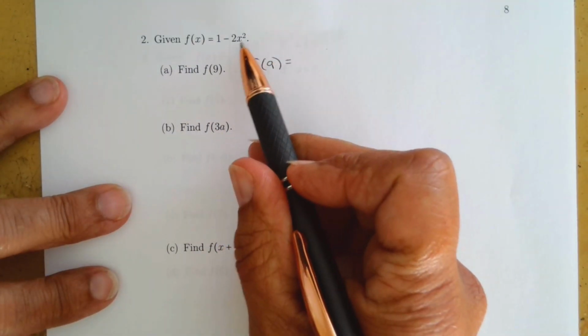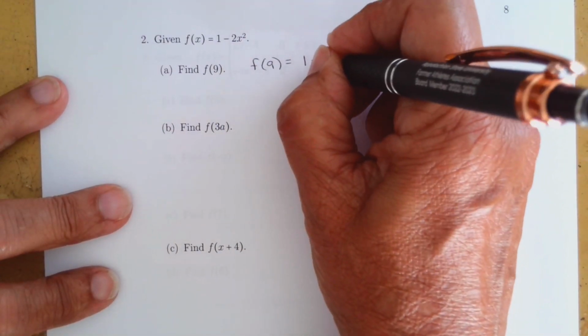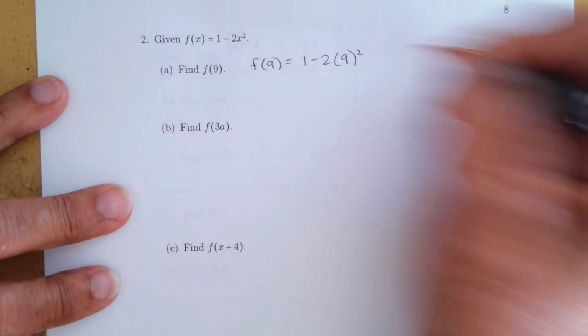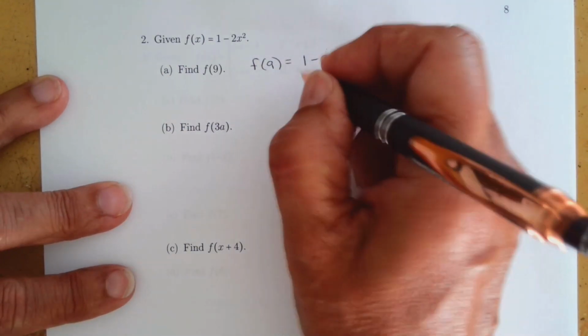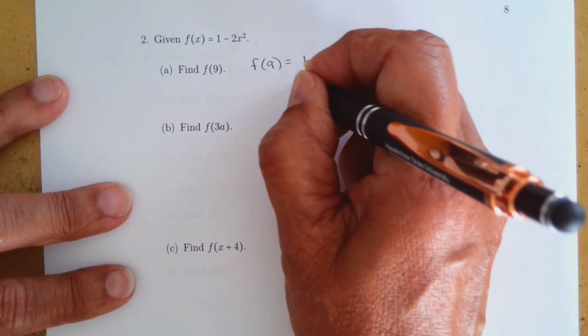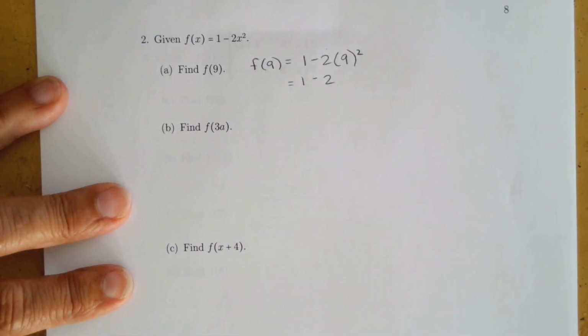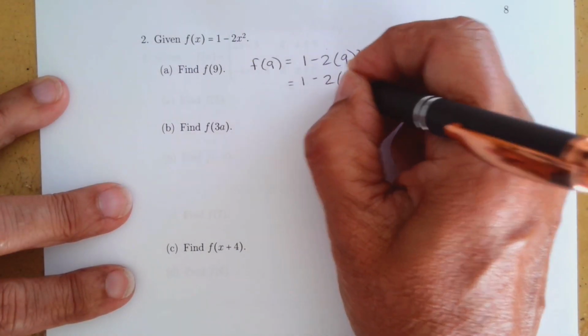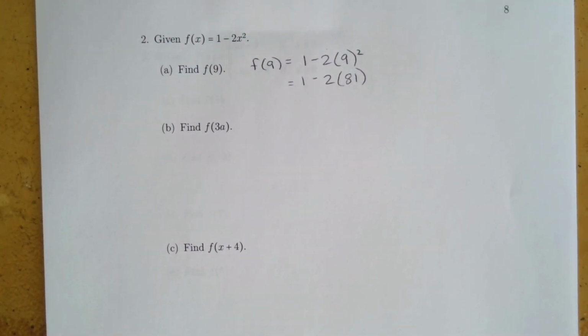All right, so f of 9, start off kind of basic. So wherever there's an x, you're going to replace the x's with the number 9. So 1 minus 2 times 9 squared. Okay. Remember, do your powers first. So leave the 1 and the minus 2, and then go ahead and do 9 squared, which is 81. 9 times 9 is 81. Okay. All right. Then you do multiplication, right?